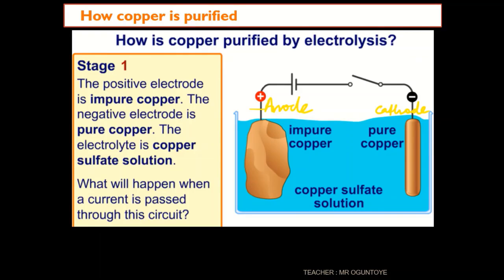So if I want to catch copper, I'm going to put the center of attraction at the negative electrode, because that is where copper will want to perch on, because unlike charges attract. So in this case, you put a sample of pure copper at the cathode, negative electrode, and the impure at the anode. You see how this plays out. Very interesting. This is where chemistry gets interesting.